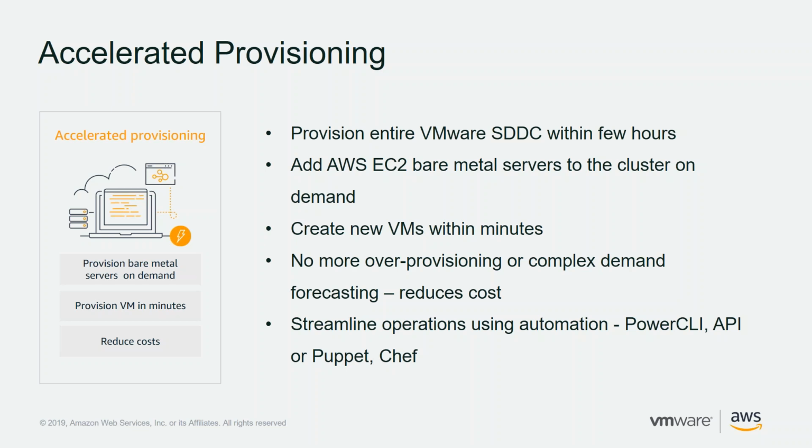Because of this accelerated provisioning, the one immediate benefit customers will see is that there is no more over-provisioning, and there is no complex demand forecasting for the next 1 year or 2 years. It helps customers to right-size the environment and keep the cost down.